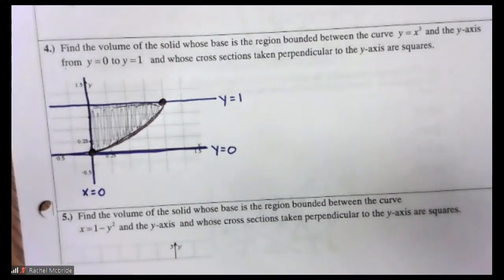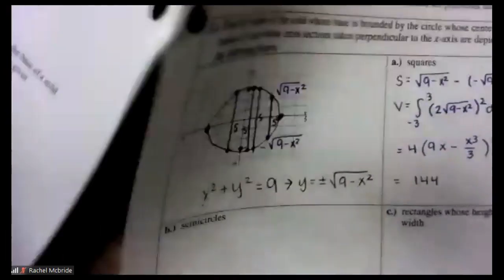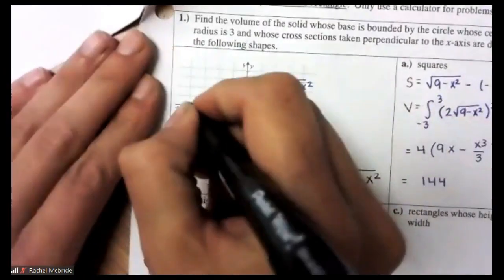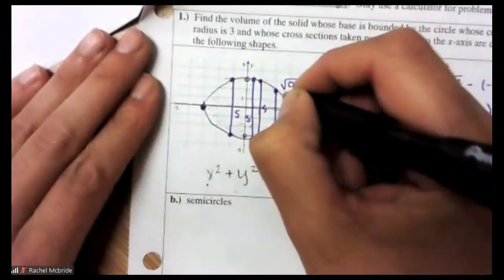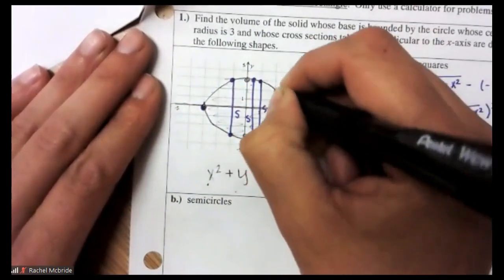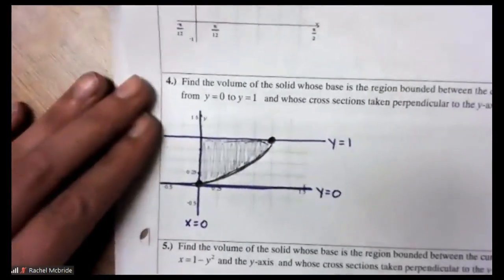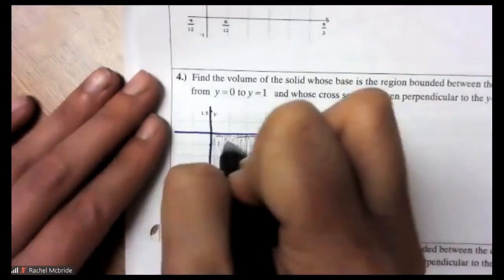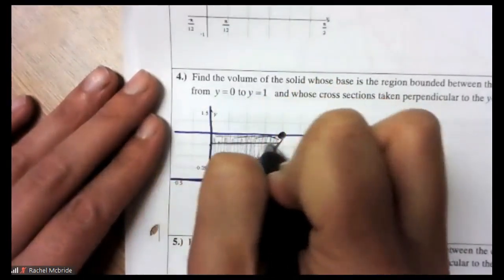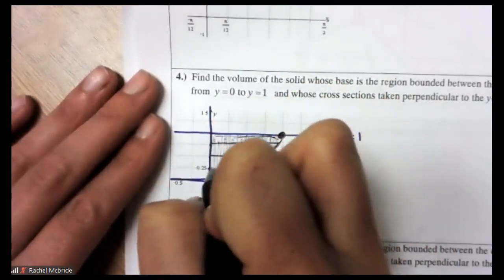And then it says whose cross sections are taken perpendicular to the y-axis and are squares. So if you look back to that first example, here's the x-axis. My side lengths are perpendicular to the x-axis. So now I need my side lengths to be perpendicular to the y-axis.